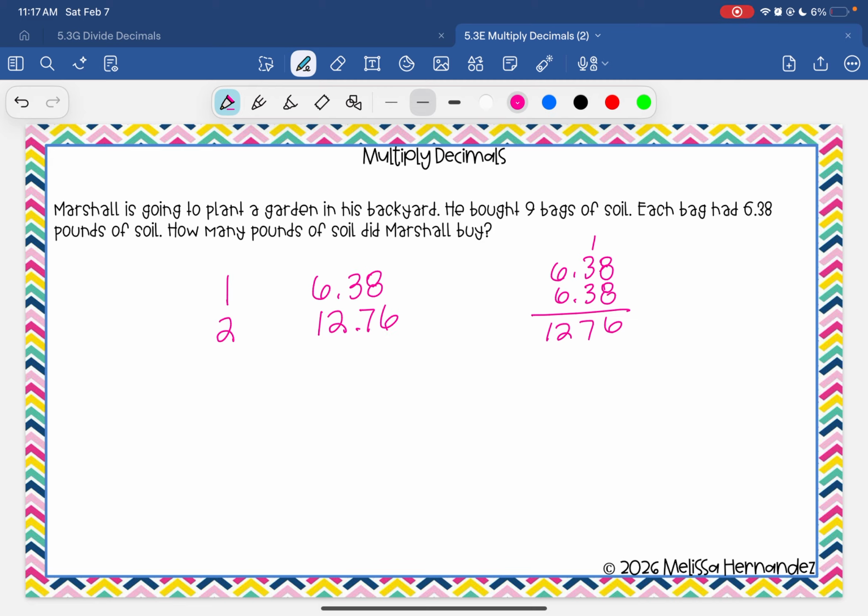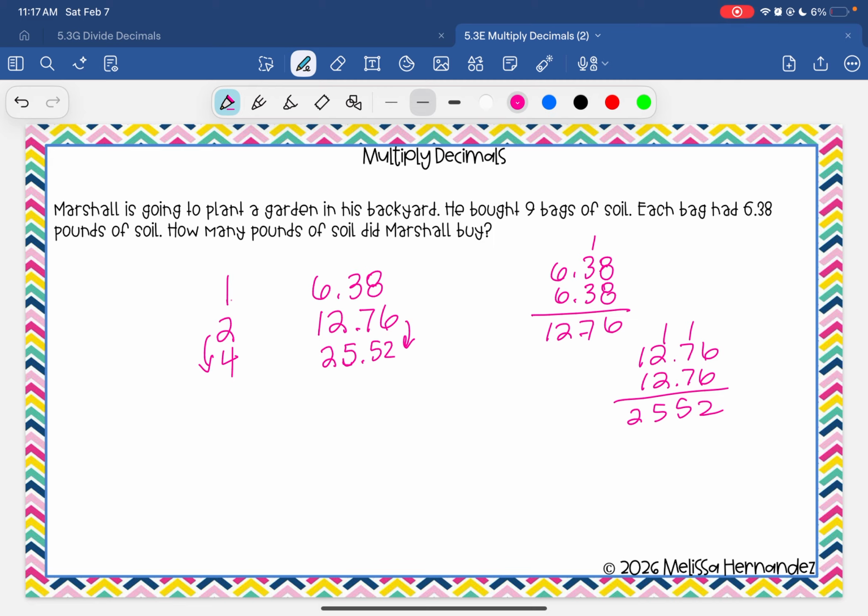I go with the double because kids are comfortable with that. Now we do line up decimals when we add and subtract. I'm not saying this is practical, but this is just my third option for you. So far I have a total of 7, but we want to know what 9 is.